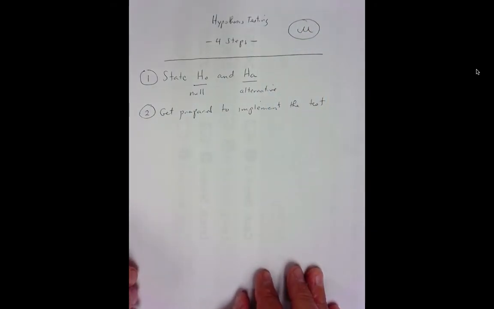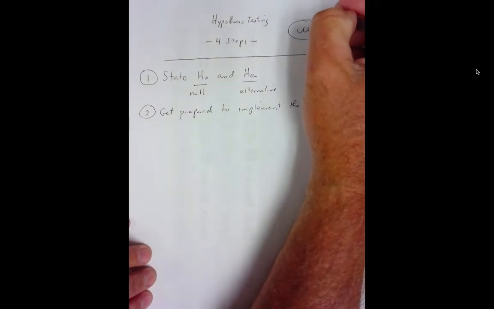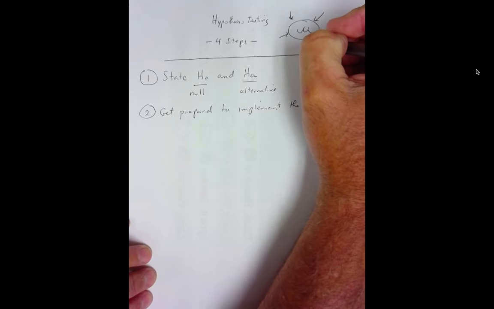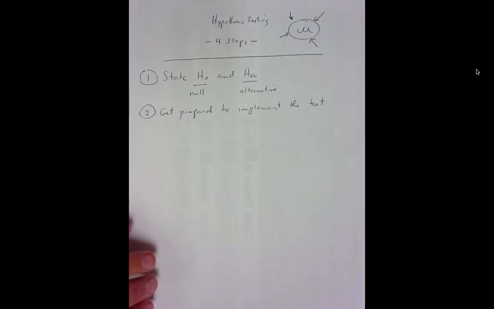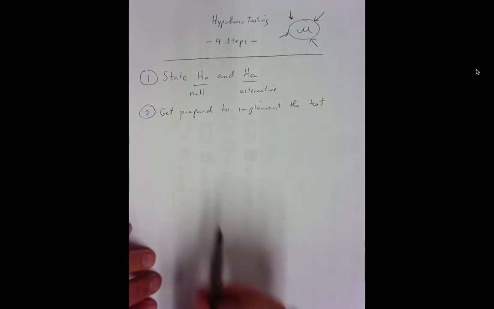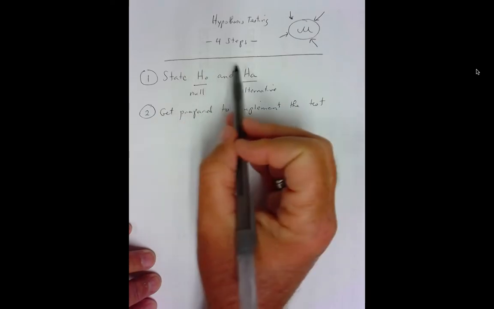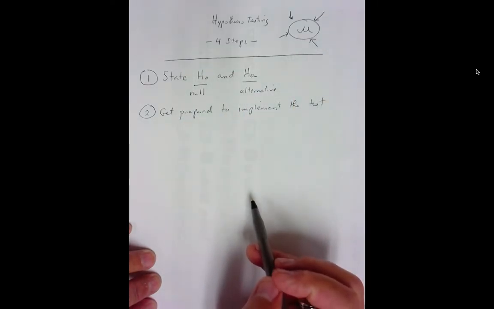Next week we're going to get into hypothesis testing for a population proportion. But right now, I want you to put that on the back burner and have tunnel vision that we are going to investigate problems only for population mean. Okay? So, we want to get prepared to implement the hypothesis test for a population mean mu.